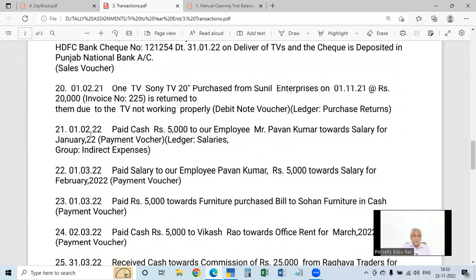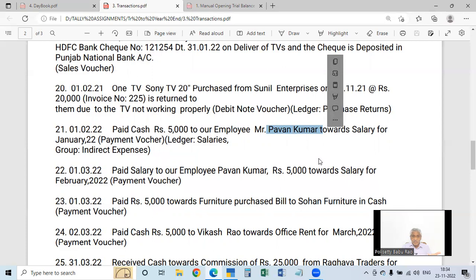Then 21.1: paid cash 5,000 to our employee, Mr. Pawan Kumar, towards salary for January. So 5,000 rupees paid to our employee as January salary. We are making a payment, so we have to enter it in the payment voucher. The person is not required because we are paying salary expense.